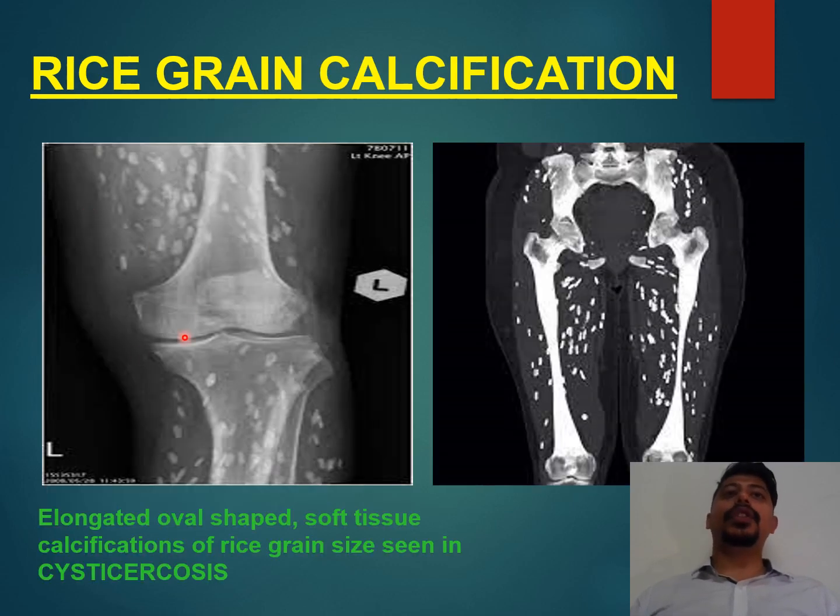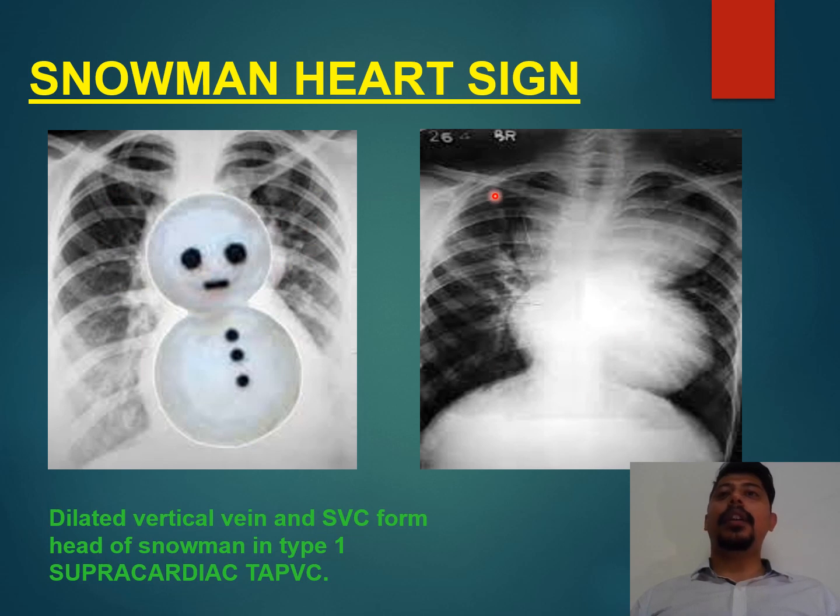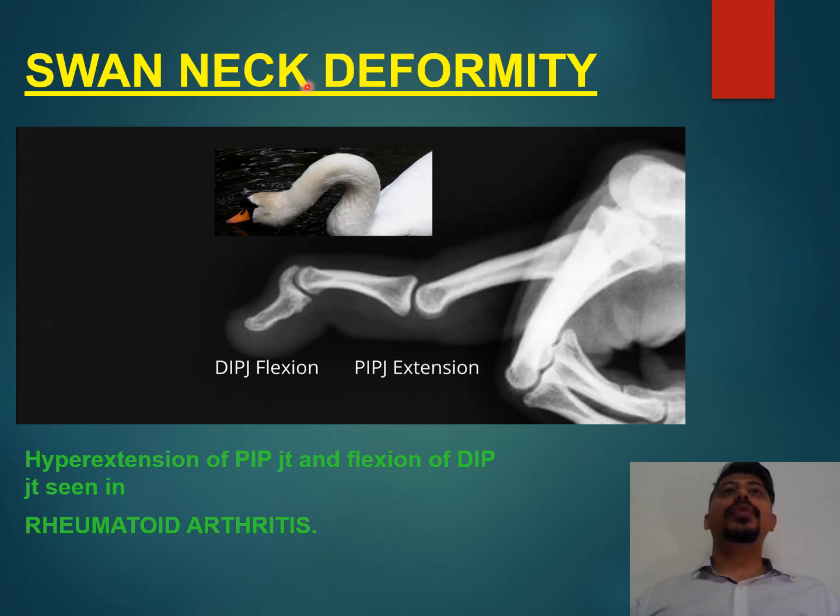Rice grain calcification. So as we can see on this X-ray and even on the MPR images of the CT scan, we can see rice grain calcification suggestive of myocysticercosis. Snowman's heart. This is also called the figure of 8 sign. It is seen in supracardiac TAPVC because of the dilated vertical veins and SVC. Swan neck deformity.